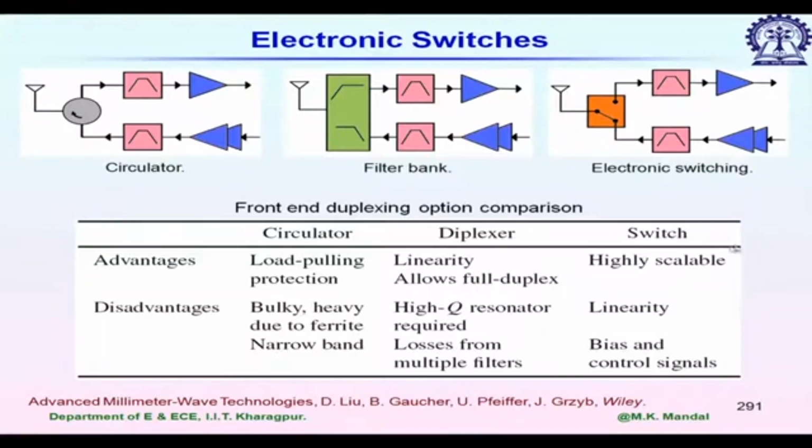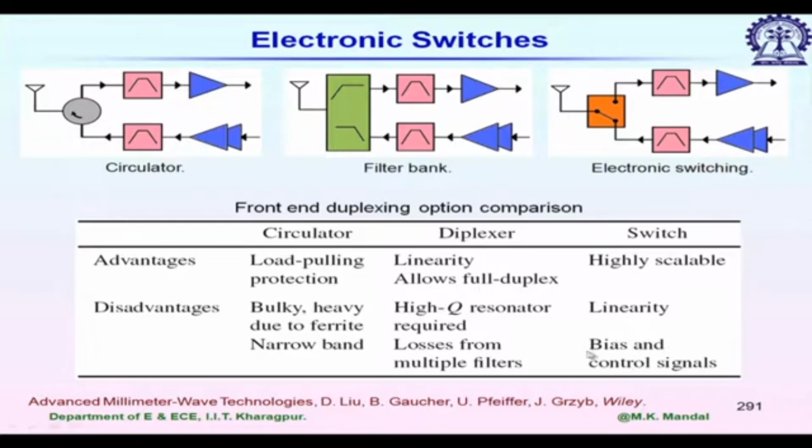So, typically if we go for high power applications, it will generate harmonics and the signal itself will be distorted. So, linearity is a big problem for this type of switch, and not only that, we also have to provide a biasing arrangement and the control signals.